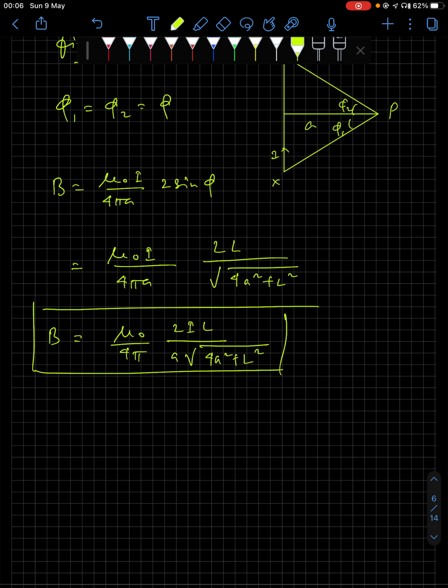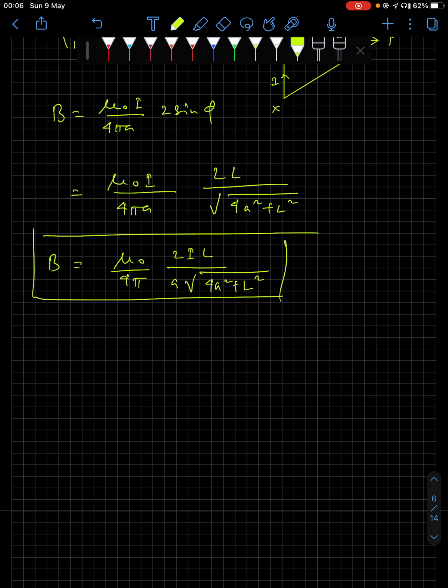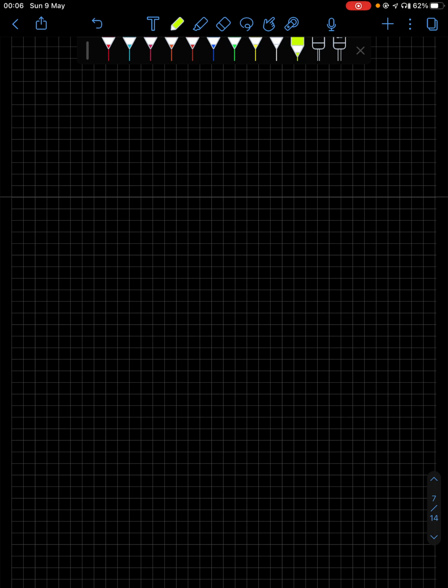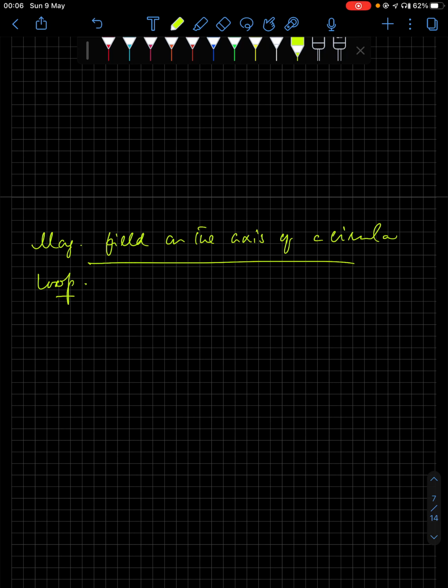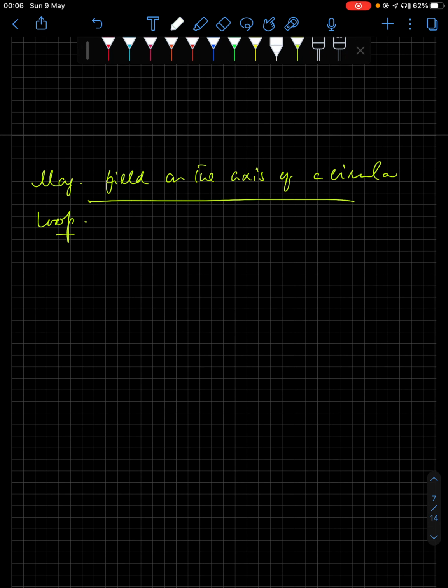Now we have next the magnetic field on the axis of a circular loop. Now you see we have this circular loop.